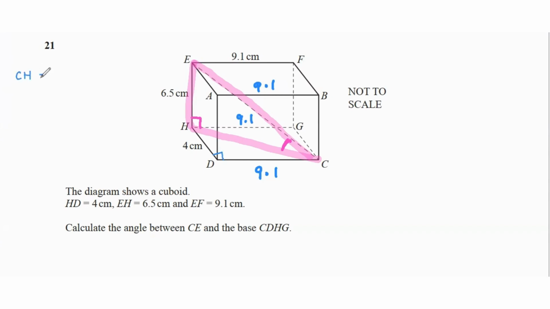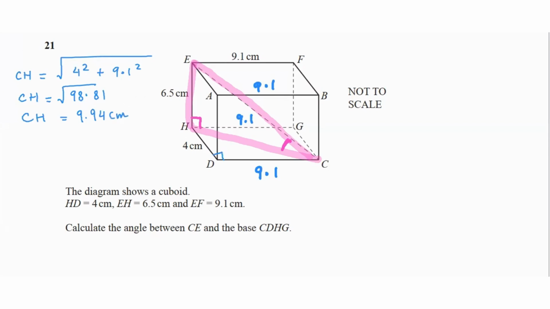So CH equals the square root of 4 square plus 9.1 square. So that's going to be square root of 98.81 and CH is going to equal 9.94 centimeters.